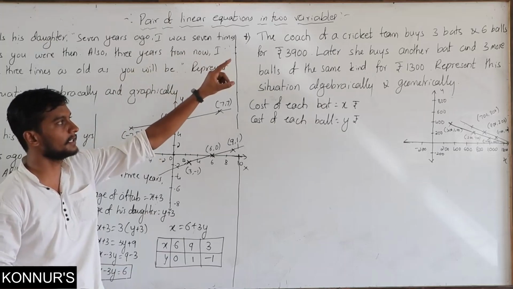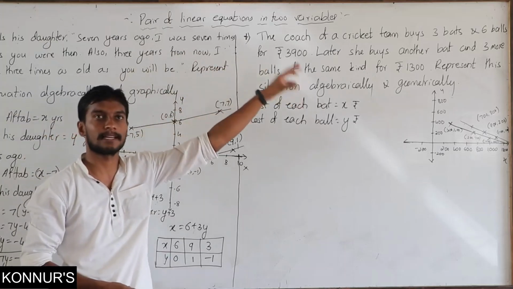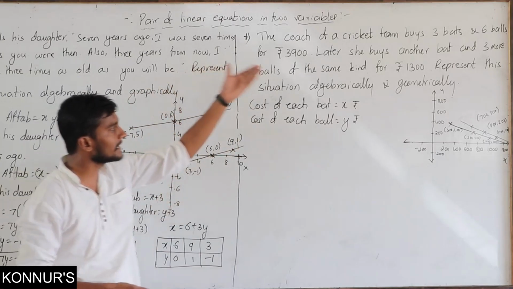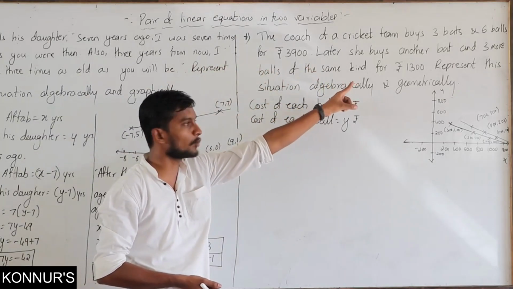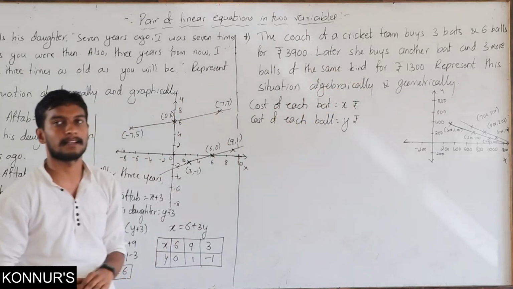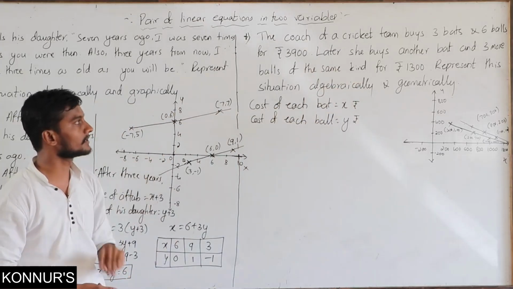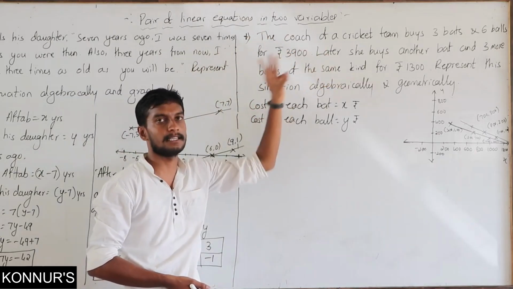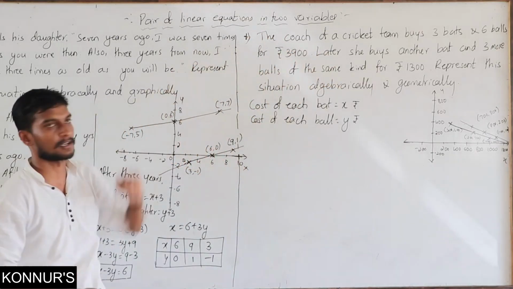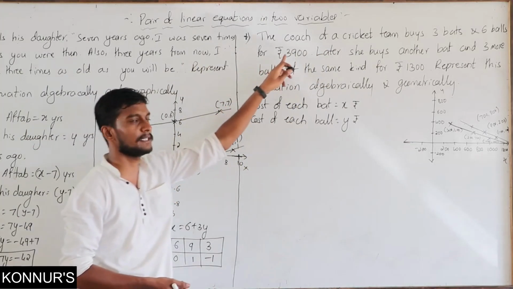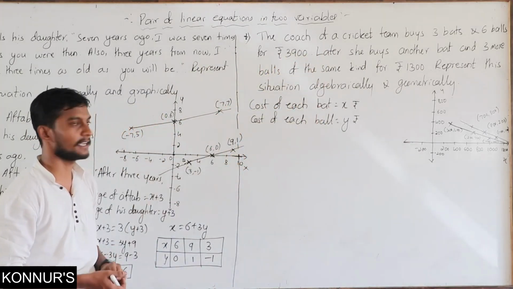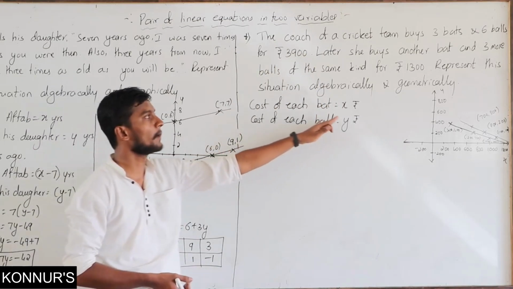In the first condition they have purchased 3 bats and 6 balls. By taking those we can form one linear equation. And in the second condition they have purchased 1 bat and 3 more balls. Again for that we get another equation. So the first equation: in the first condition the coach buys 3 bats and 6 balls for how many rupees? 3,900 rupees. We have taken the cost of each bat as x rupees and the cost of each ball as y rupees.